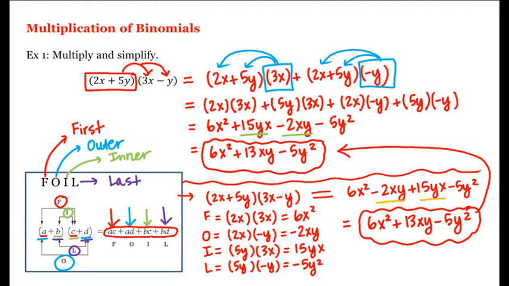Let's see another example. Let's multiply these two binomials here. Well, we can apply the FOIL method we just saw.